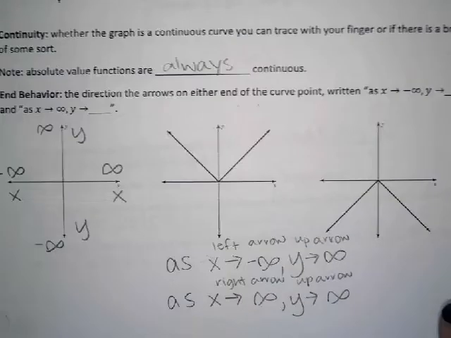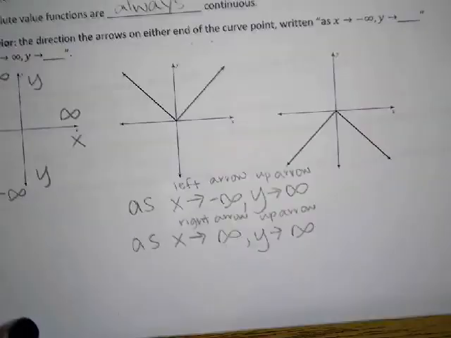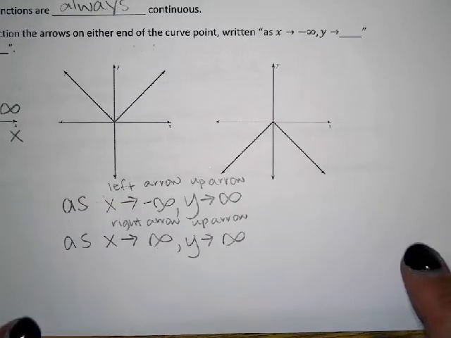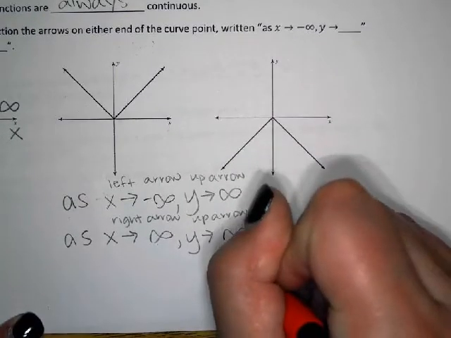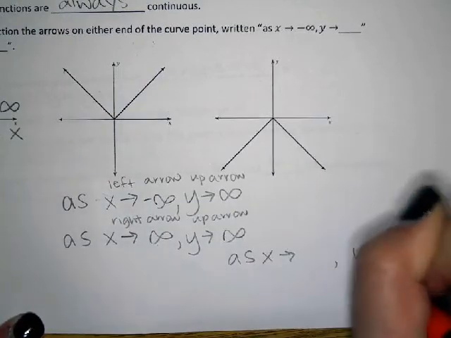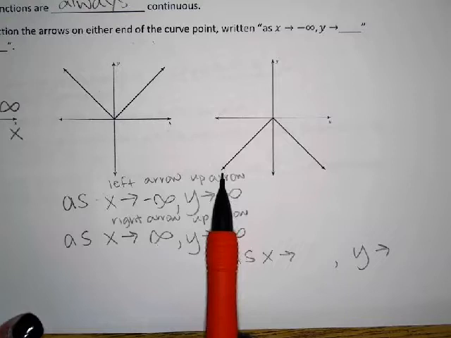Okay, let's try to write the other one. So we're going to say, if we look at this one right here, we have this arrow over here. How should we write it? Negative infinity.